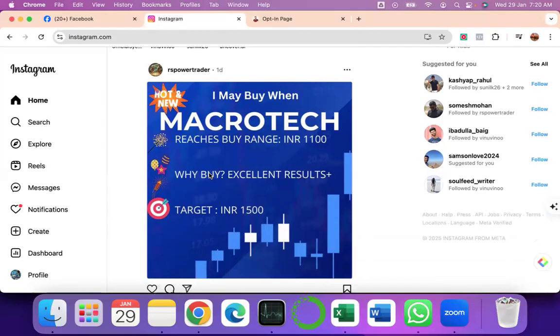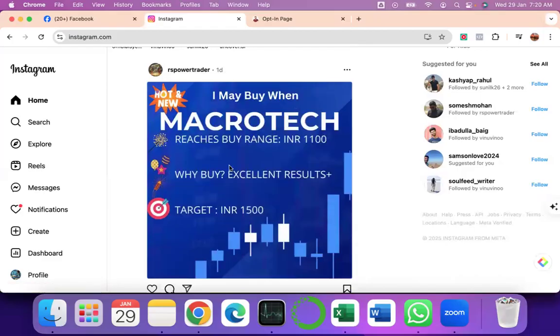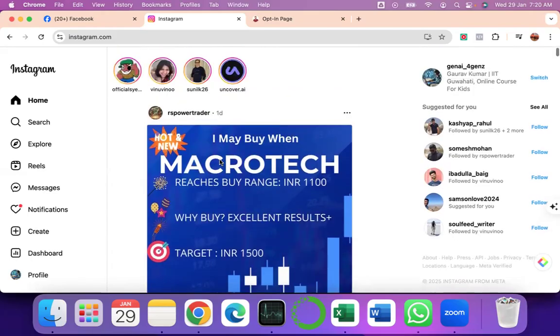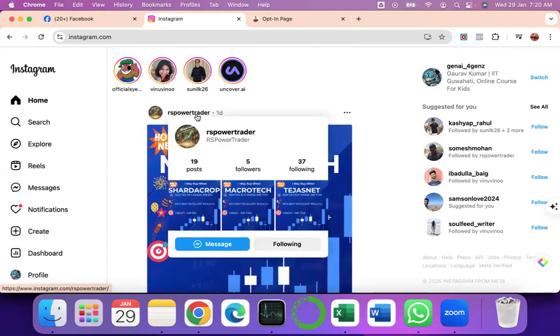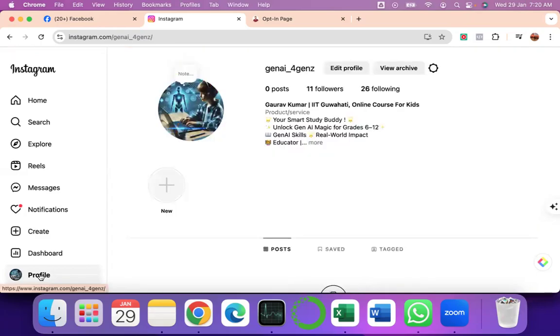earlier they used to tag on this picture. So say, for example, this particular picture is being posted by RS Power Trader, right, for a particular stock. Now they would tag someone. So what is a tag? A tag is a handle of my account. So I have this profile here, and this Gen AI for Gen Z is my tag.